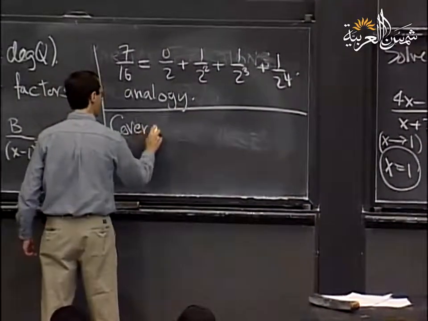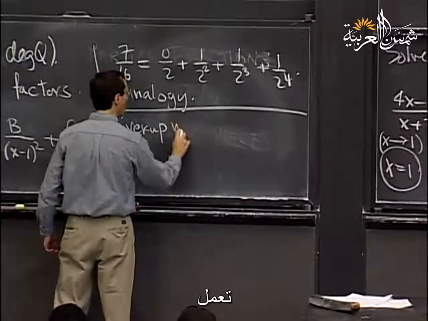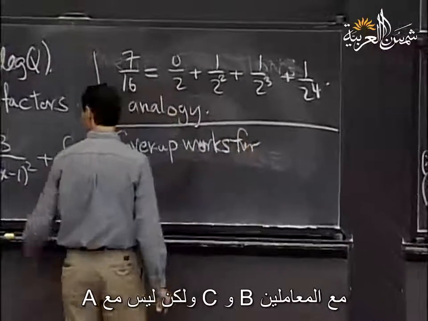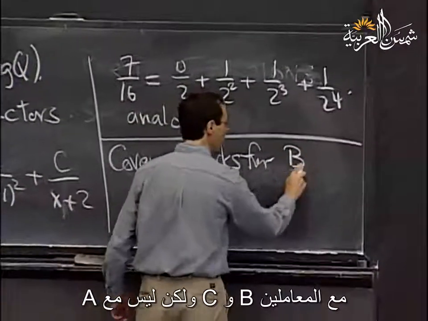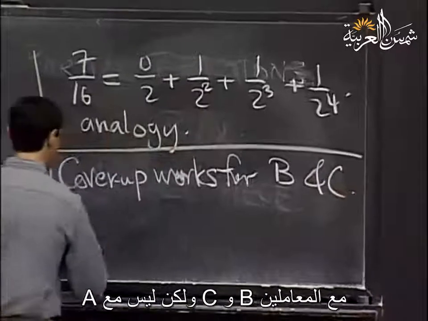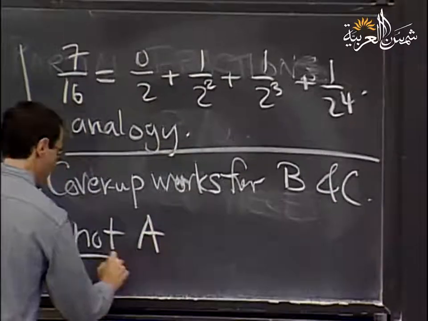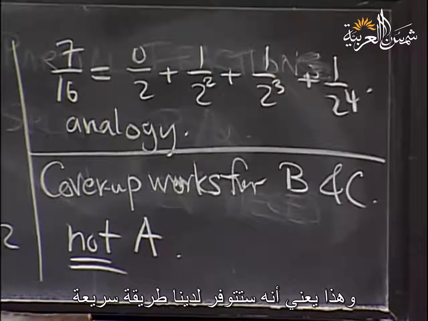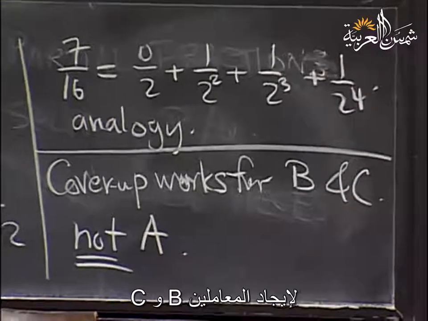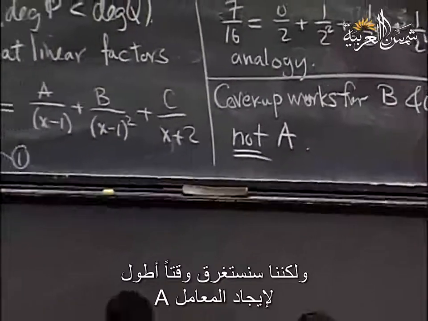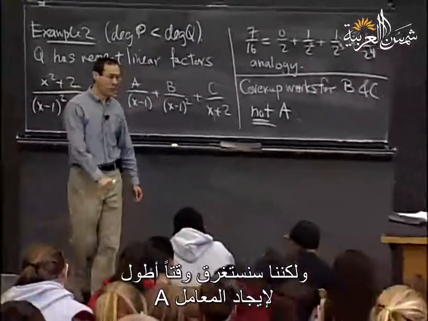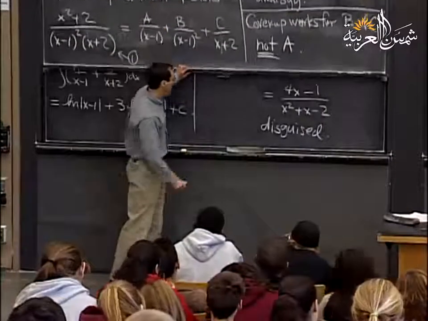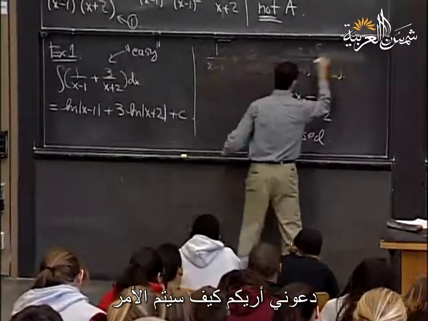Cover-up works for the coefficients B and C, not A. We will have a quick method for the numbers B and C to figure out what they are, but it will be a little slower to get to A, which we will do last. Let me show you how it works.